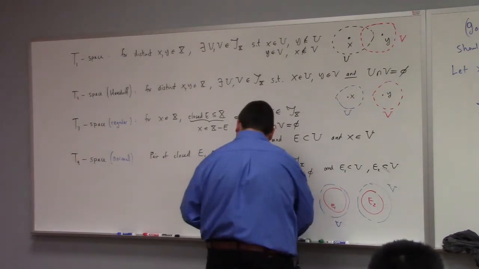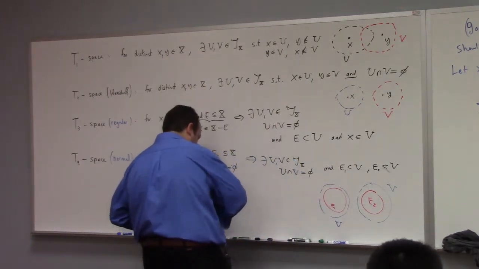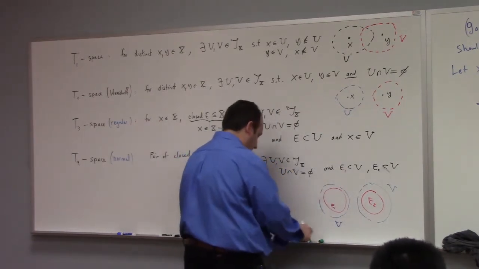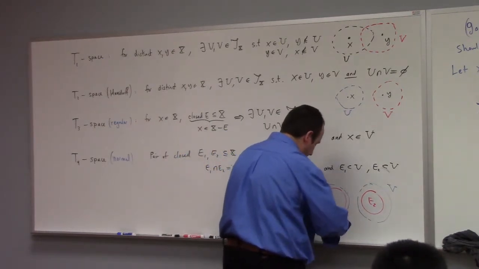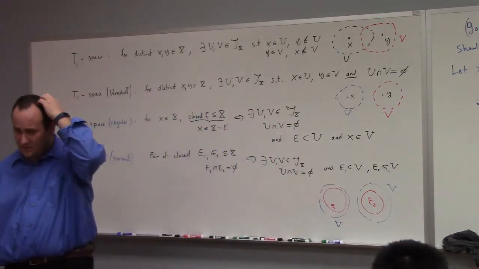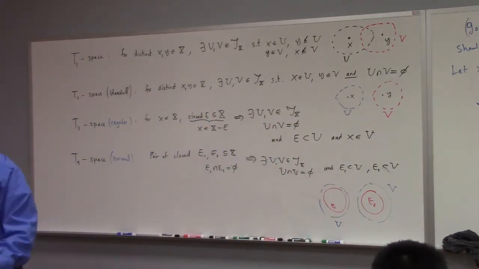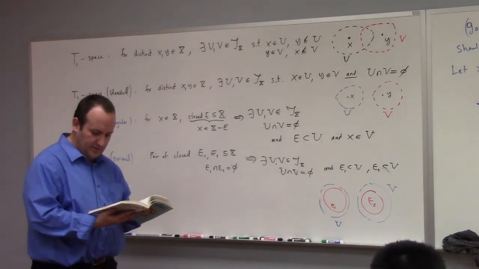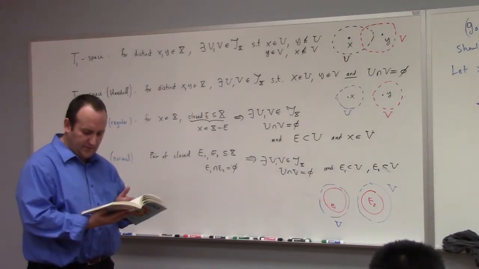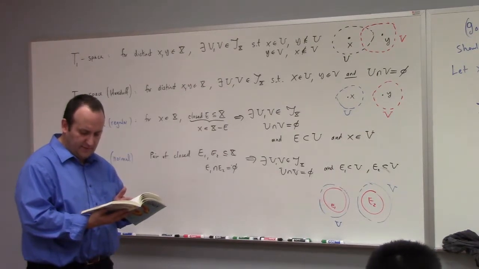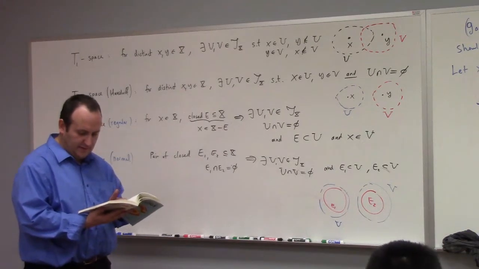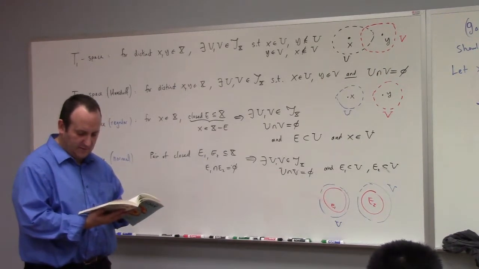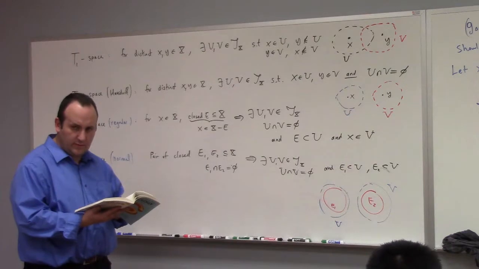Let me investigate your suspicion. Now, he has mentioned in his qualifying statement here that sometimes other things are discussed in this litany of terminology. So let me read from here. He says X is normal if for each pair E and F of disjoint closed subsets of X, there exist disjoint open sets U and V that contain E and F.